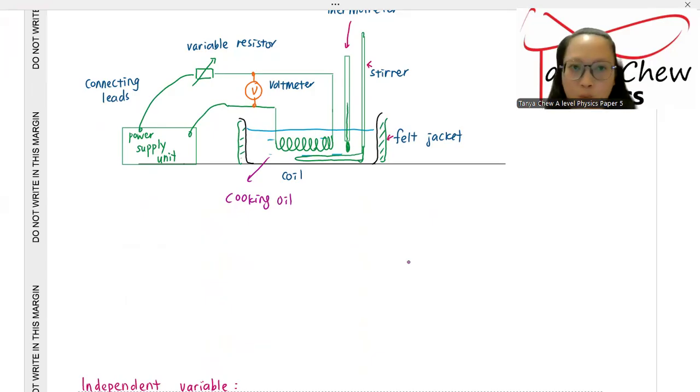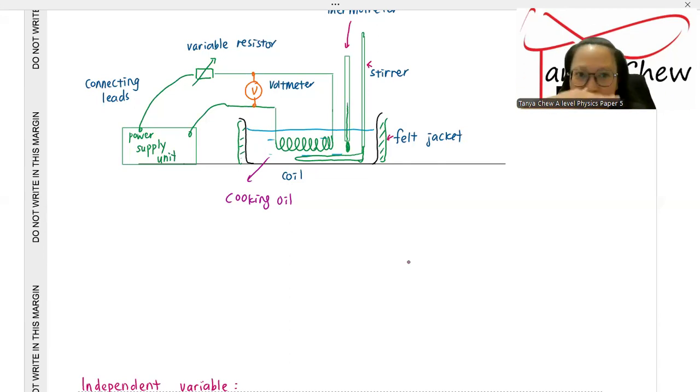And since the cooking oil is a liquid, I want to use a stirrer as a safety precaution as well, because I want to make sure that the heat from the wire is distributed evenly throughout the cooking oil. And I want to minimize the heat lost to the surrounding. Of course, I cannot use a lid because the coil is inside there.